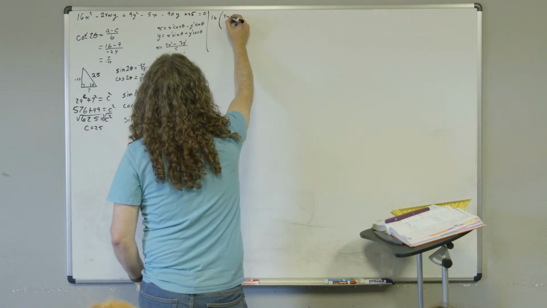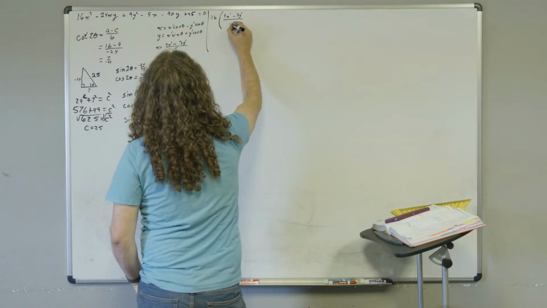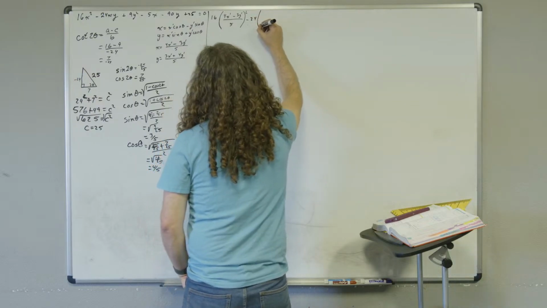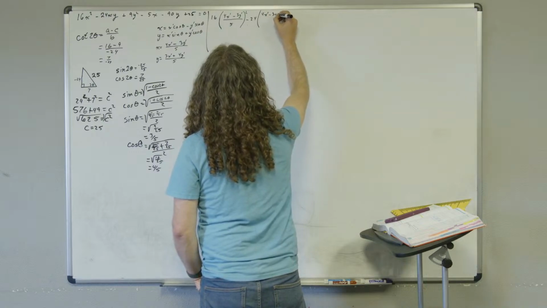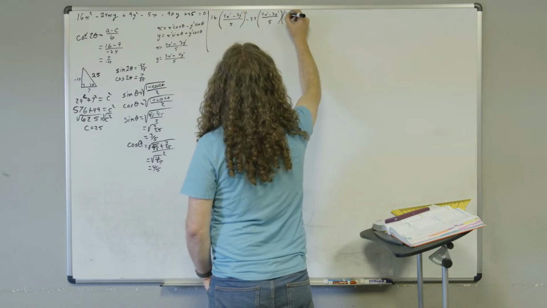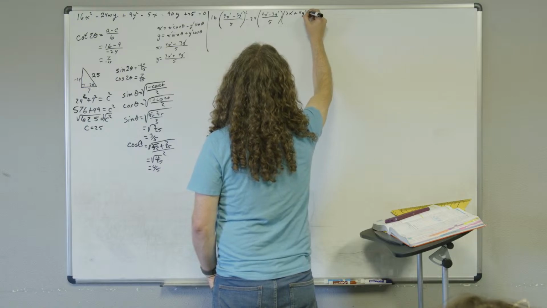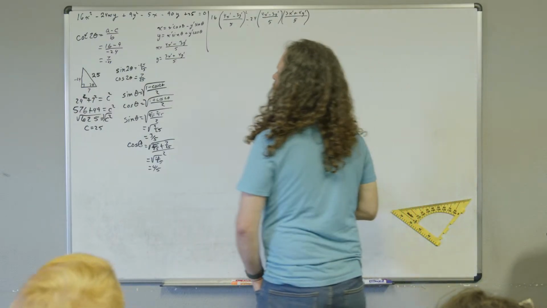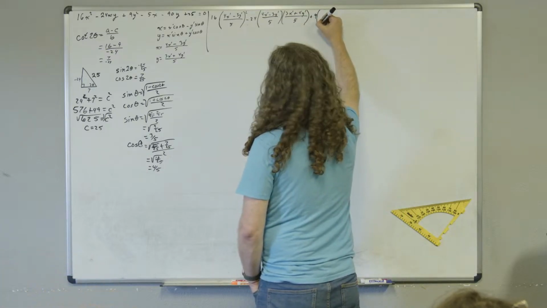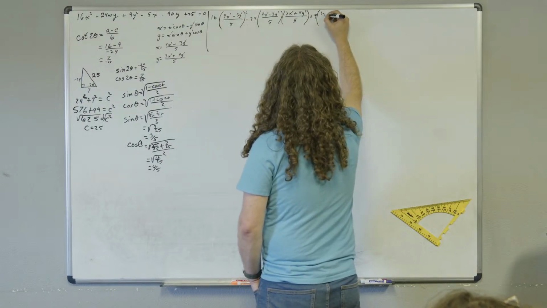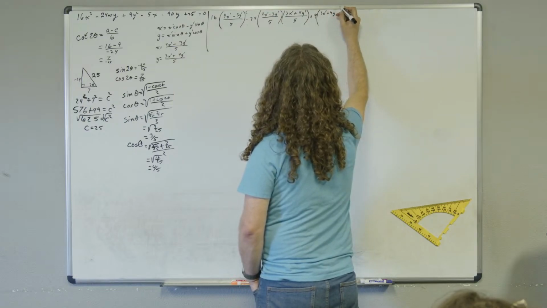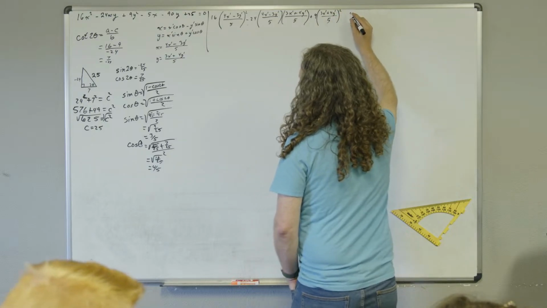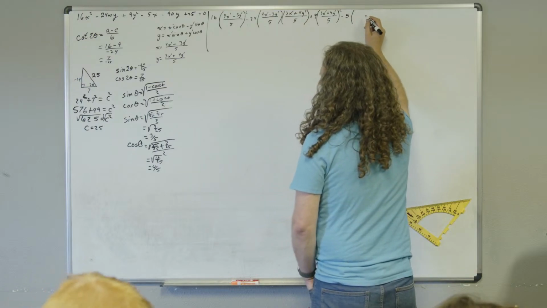Okay. 4x prime minus 3y prime over 5 quantity squared, minus 24 times 4x prime minus 3y prime over 5 times 3x prime plus 4y prime over 5, plus 9 times 3x prime plus 4y prime over 5 quantity squared, minus 5 times, oh, that's crazy.